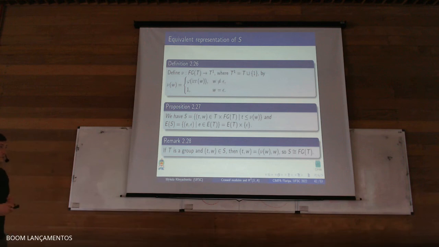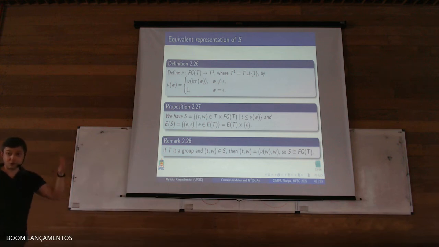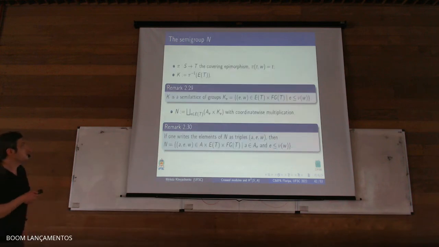It gives you the free group. And if you had taken a free inverse semigroup, it certainly would not restrict to a free group, because a free inverse semigroup over a group is not a group. It's an inverse semigroup. Well, now, so we have that S.